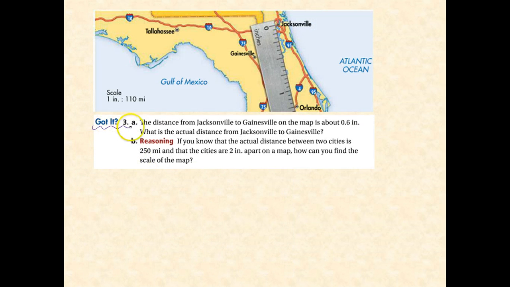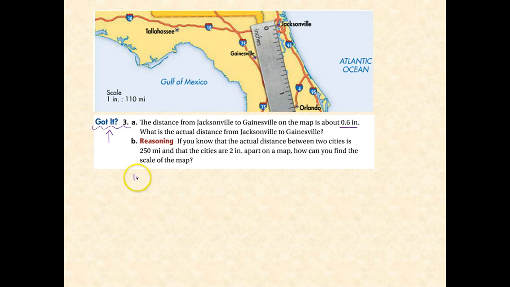Pause it. See if you got it. Alright, so the distance from Jacksonville to Gainesville on the map is about 0.6 inches. What is the actual distance from Jacksonville to Gainesville?